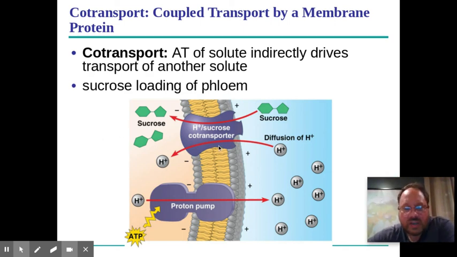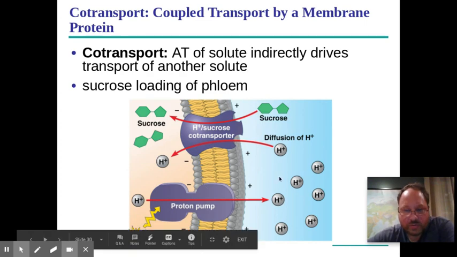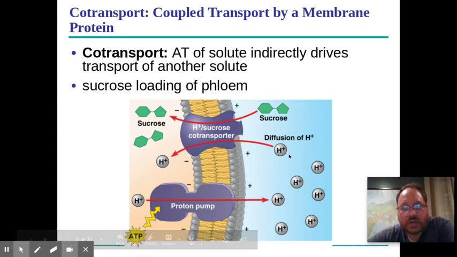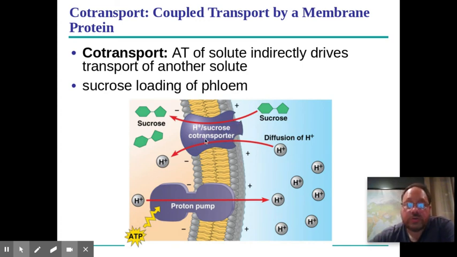So here you see the proton pump creating the electrochemical gradient. The protons flow back in. When they do, it'll alter the shape of this co-transporter to allow sucrose, a disaccharide, to be transported inside the cell. Again, sucrose is way too big to fit in on its own. So it's going to need the help of this protein.